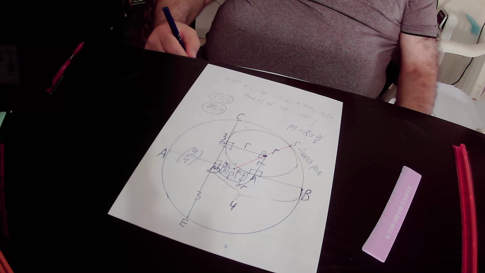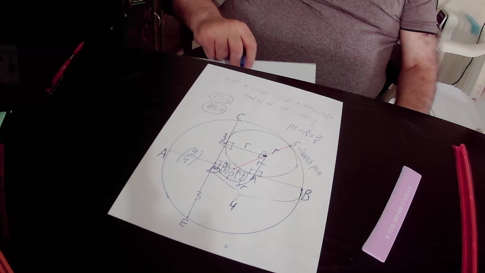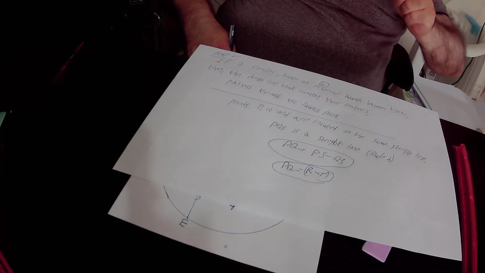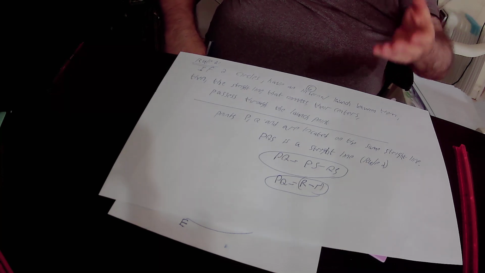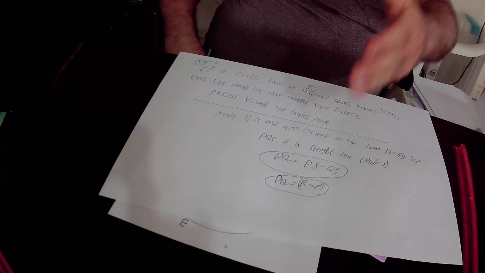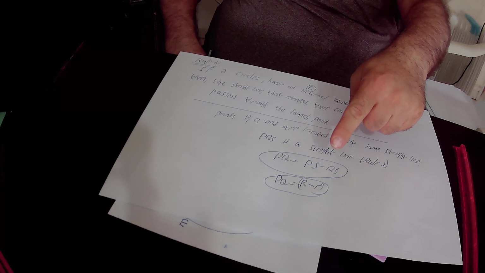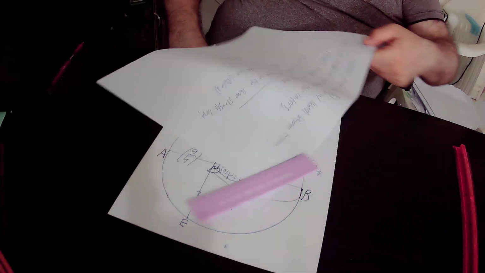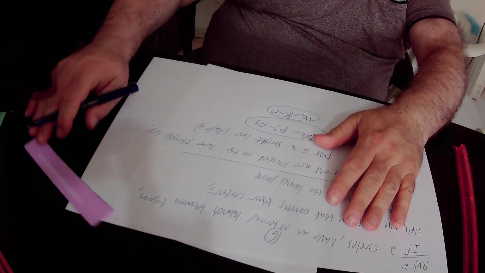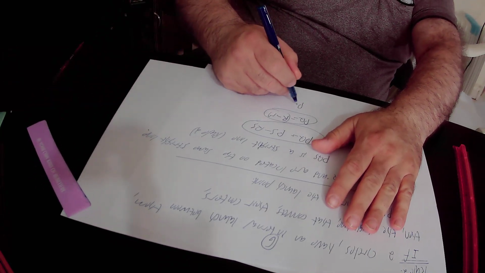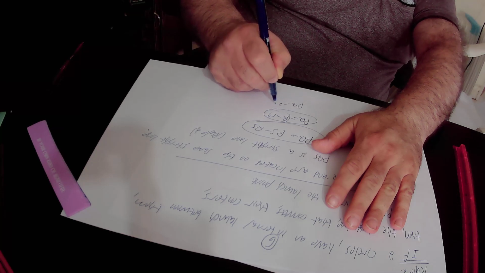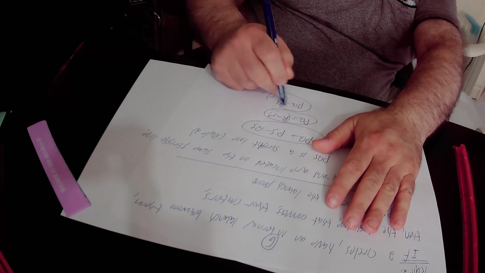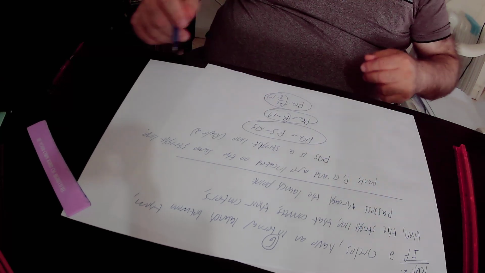So in conclusion, we found out that PQ equals capital R minus small r. But we have already found out that capital R equals 25 over 8, so we can substitute capital R by 25 over 8. We'll do it now, and we get that PQ, in conclusion, PQ equals 25 over 8 minus small r. Okay, PQ equals 25 over 8 minus small r.